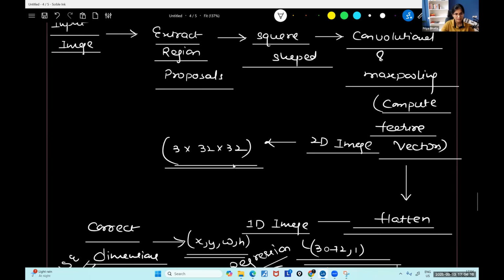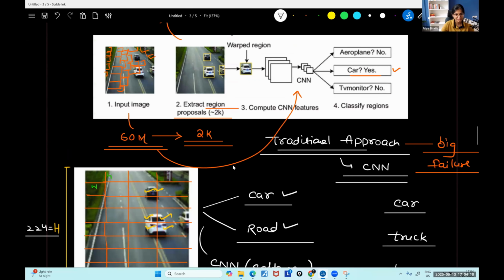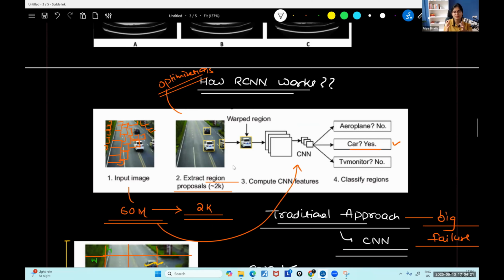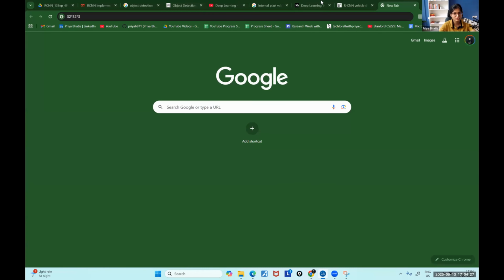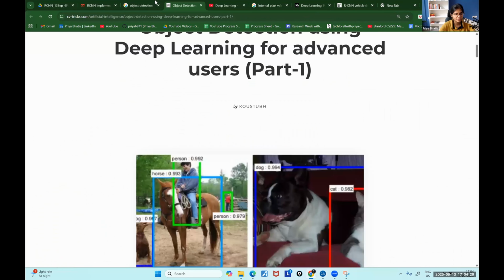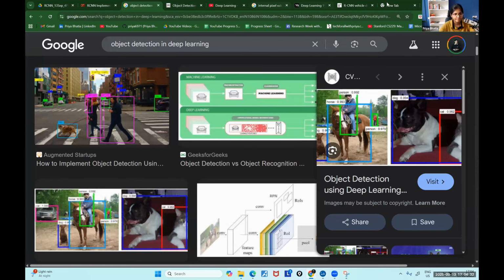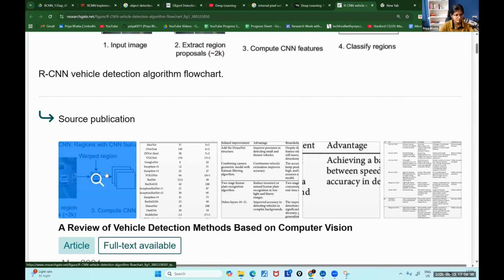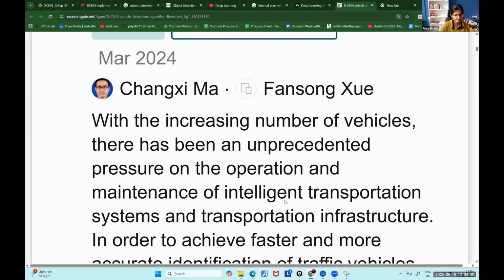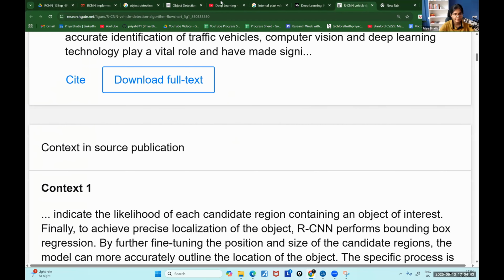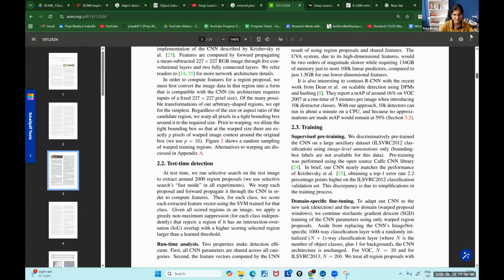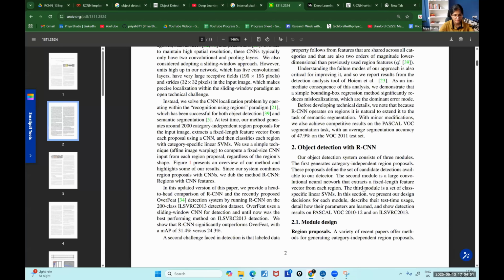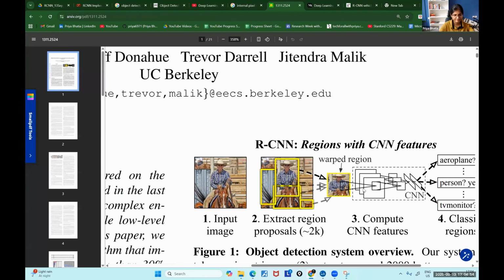Why is this important? Because, as I have mentioned, for this single car image, the region proposal can have multiple boxes. Let me try to grab this image if I can. Where is the research paper of this? I think I had opened the research paper of RCNN as well.